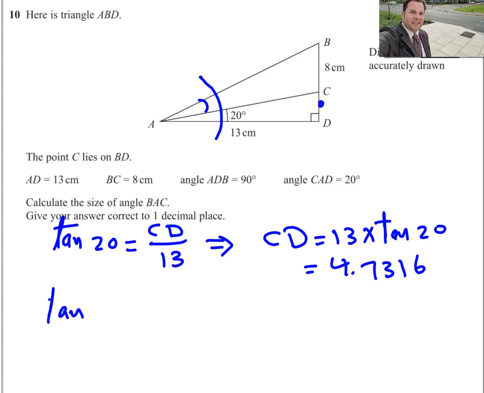Again, you can find the measure of this angle by applying tan for the right-angled triangle ABD. So tan of angle BAD is equal to the opposite, which is DB, divided by the adjacent, which is AD.